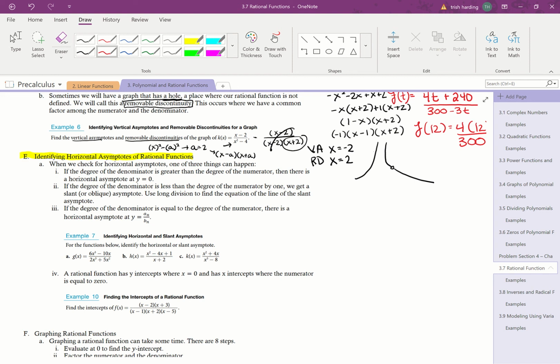So that means if our function on the bottom is greater in degree than the function on top, we're going to have an asymptote at y equals 0. So like this. Y equals 0 will be our horizontal asymptote.